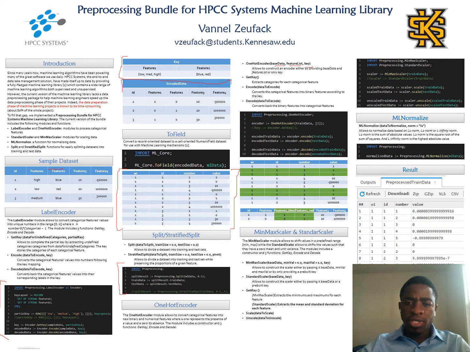You also have a get key function to get the categories, and then an encode function and a decode function as well. This little code snippet is just to show how the module could be created and called for one-hot encoding the data. You have a result here on encoding the training data after splitting.